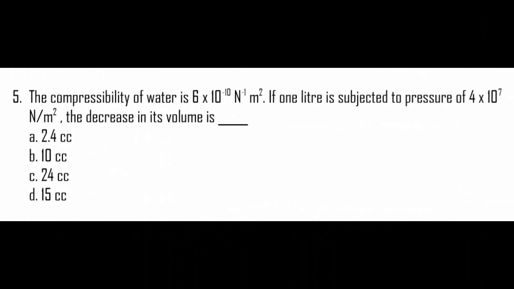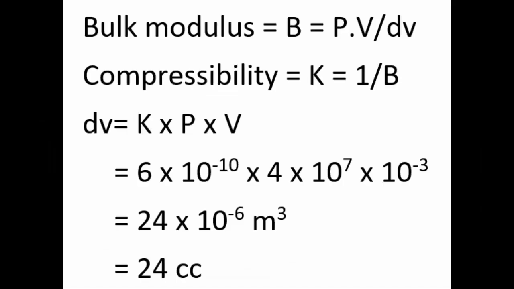Question number 5. The compressibility of water is 6 into 10 raised to minus 10 Newton inverse meter square. If 1 liter of water is subjected to a pressure of 4 into 10 raised to 7 Newton per meter square, the decrease in its volume is. Students, bulk modulus B is given by the formula pressure into volume upon change in volume.